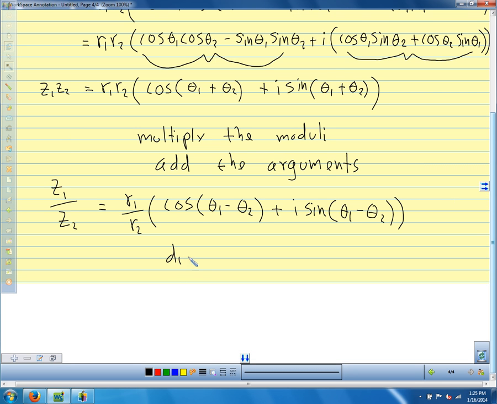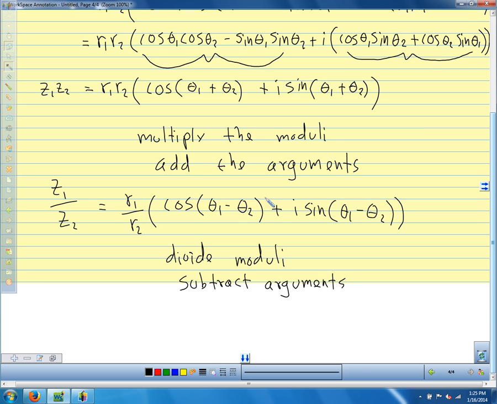So divide and subtract. This is way easier than multiplying the numerator and denominator by the conjugate, multiplying out, simplifying, combining like terms, canceling when we can. All of that stuff that we had to do when we had our complex number in standard form, way easier. Divide two numbers and subtract two angles, and we're done.